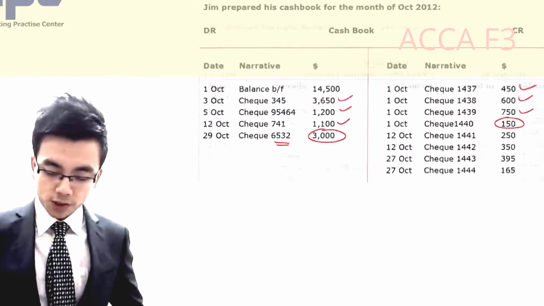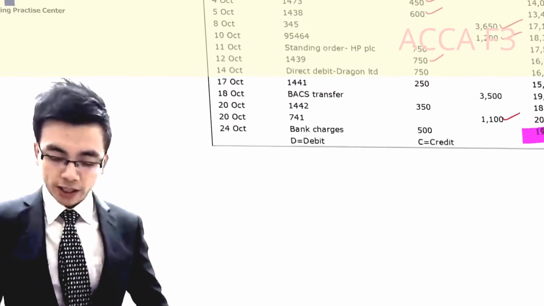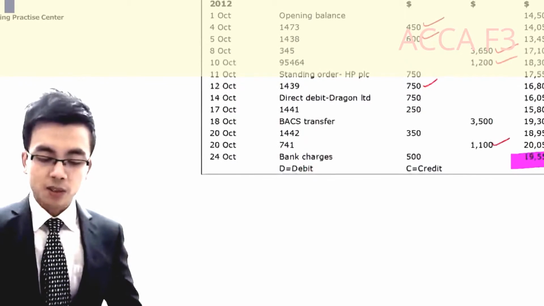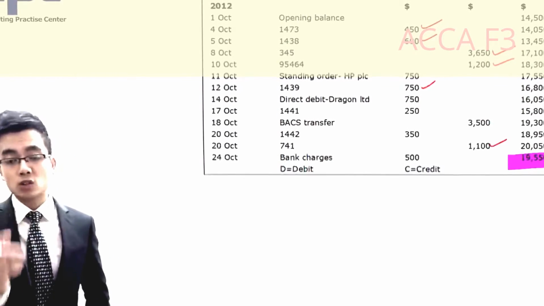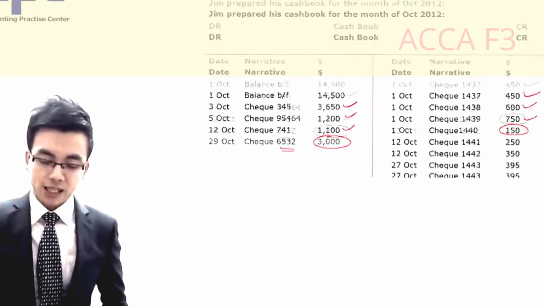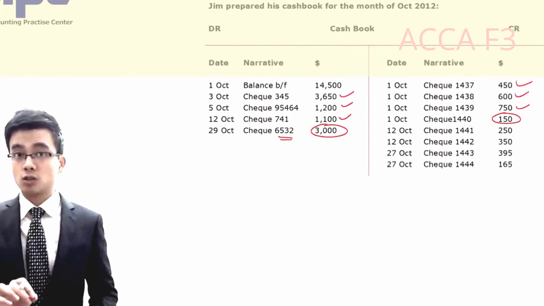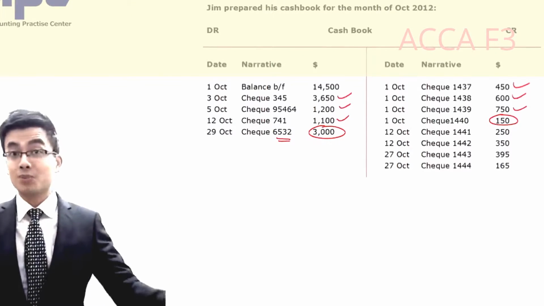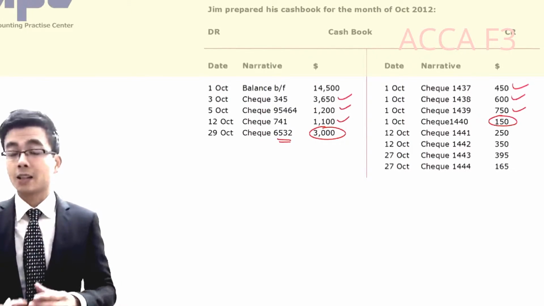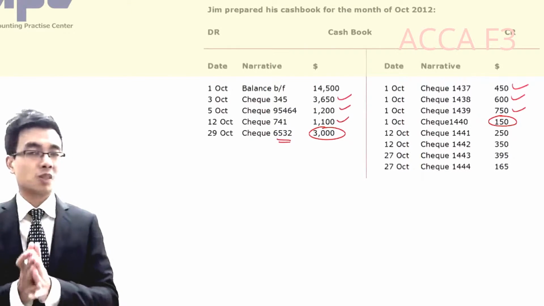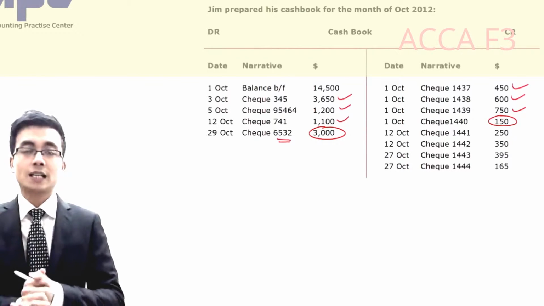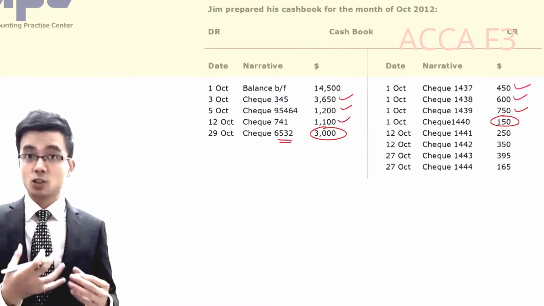So 1440, unfortunately, you cannot trace that within the bank statement. Which means the company issued the check, so they credited the cash within its account, but the supplier hasn't gone to our bank to receive this money from us, and hence our bank statement hasn't deducted this amount.